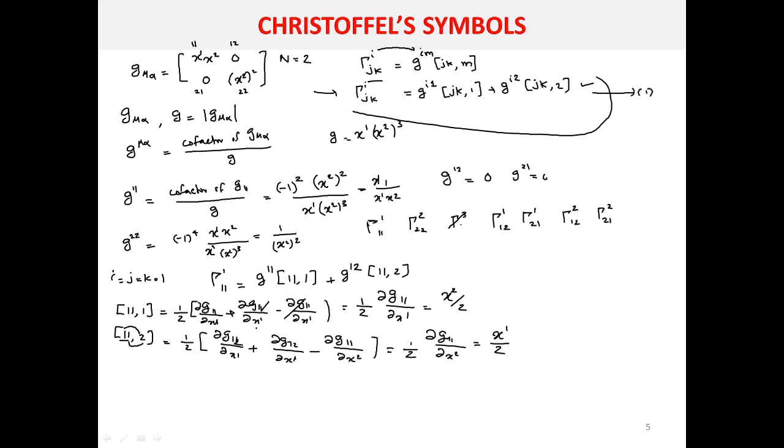So now we can put all these values here, that is gamma 1 1 1 will be equal to g11. g11 is the conjugate metric tensor.